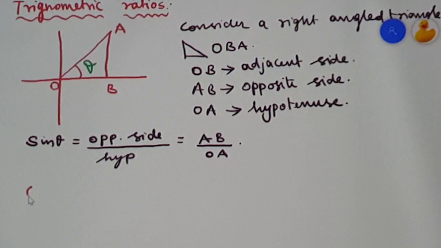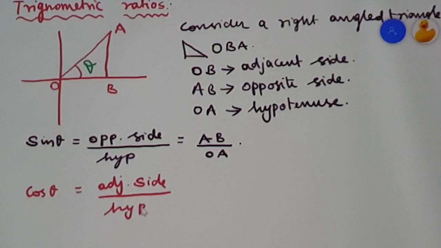Similarly, the second one, cos theta, is adjacent side divided by hypotenuse. Adjacent side is OB, hypotenuse is OA.